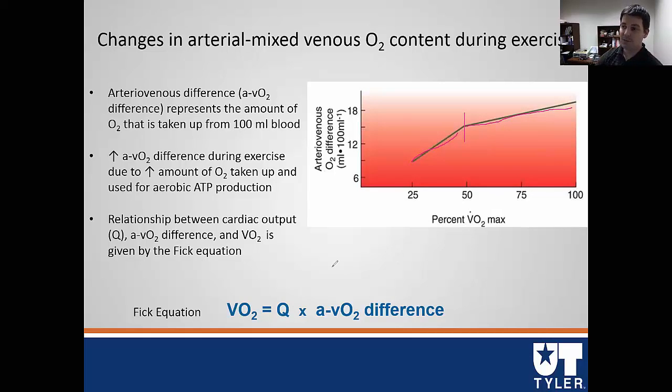What we can then do is use this based on our ability to solve metabolic supply and demand: our oxygen consumption is equal to the amount of blood that we send, cardiac output, multiplied by the amount of oxygen we take out of that blood, which will ultimately tell us how much oxygen we can consume, and therefore our metabolic demand is here and our metabolic supply is here in this equation.